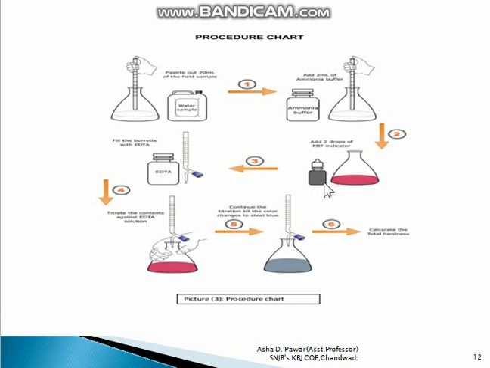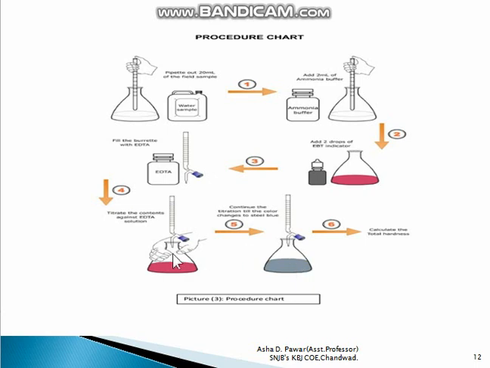Then we titrate this solution with the EDTA. Drop by drop, as we add the EDTA, the pink red color changes to sky blue. That is the formation of a stable colorless metal EDTA complex along with regeneration of the free indicator EBT.